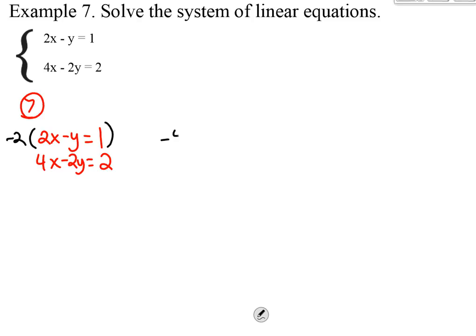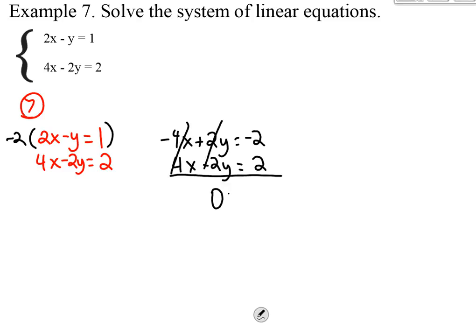So I'll get negative 4x plus 2y equals -2, and 4x minus 2y equals 2. When I do this, these cancel, so I get 0 equals -2 plus 2 is 0. So this is true.